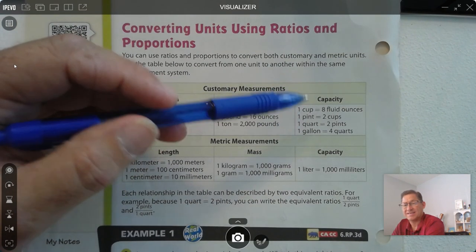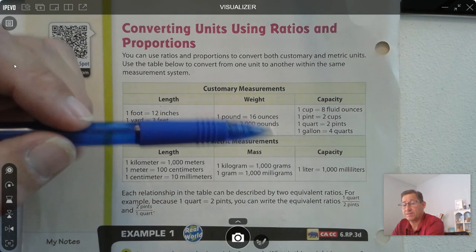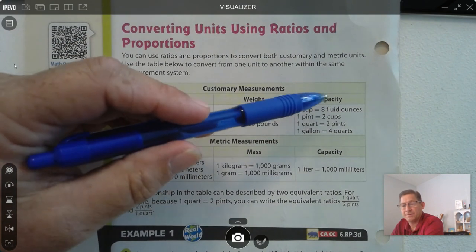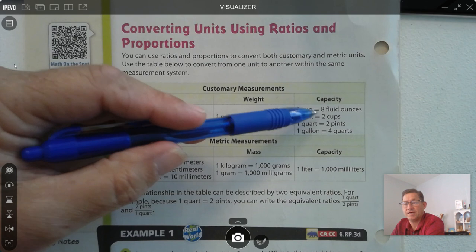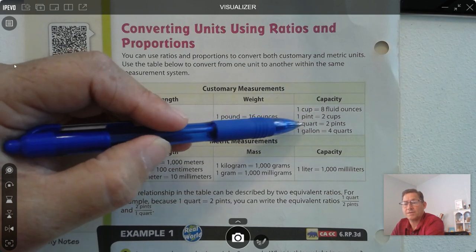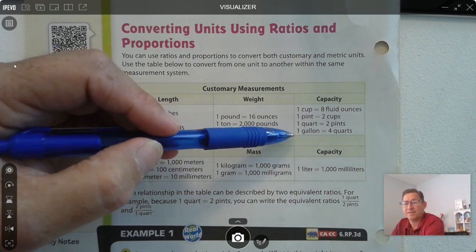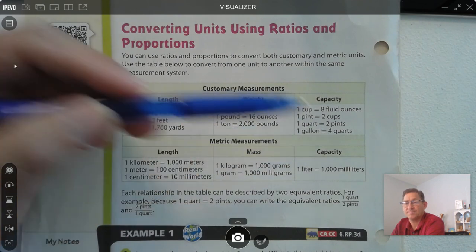If we look at capacity, how much volume something can hold, 1 cup is 8 fluid ounces. 1 pint is 2 cups. 1 quart is 2 pints, and 1 gallon is 4 quarts.